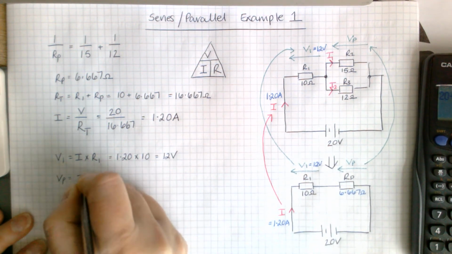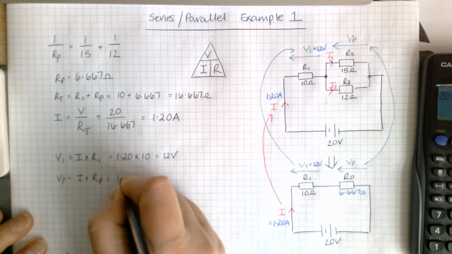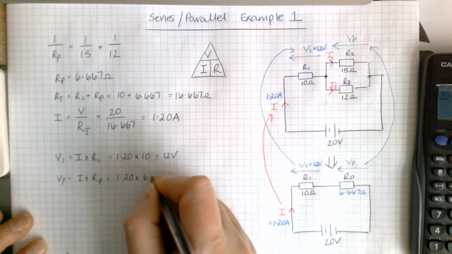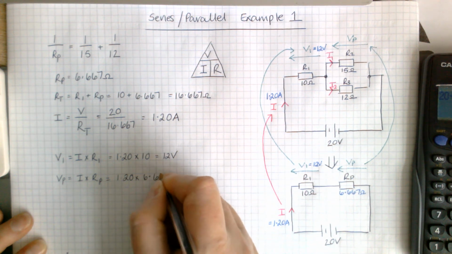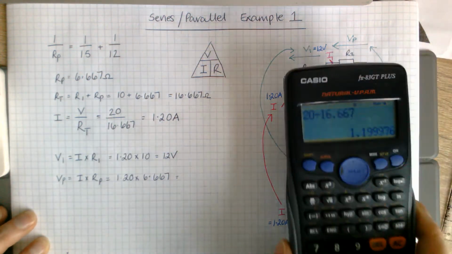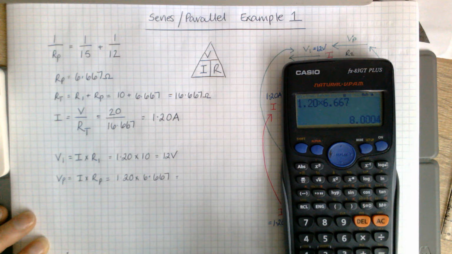VP: so 1.20, same current again, times your RP, which you worked out at this stage here. Standard to decimal.